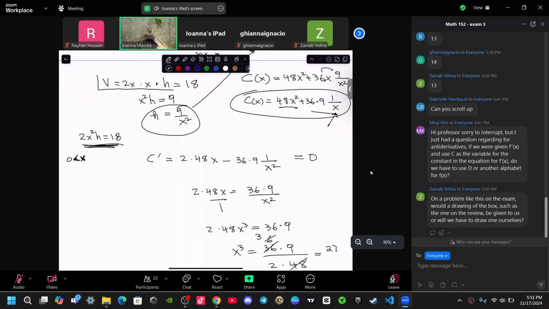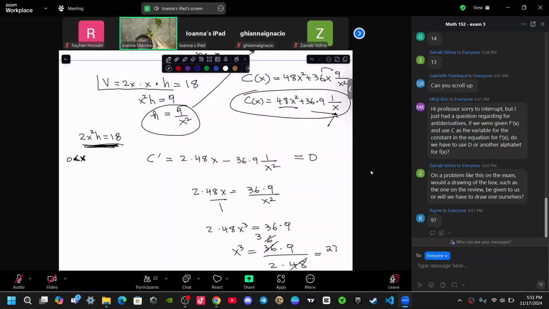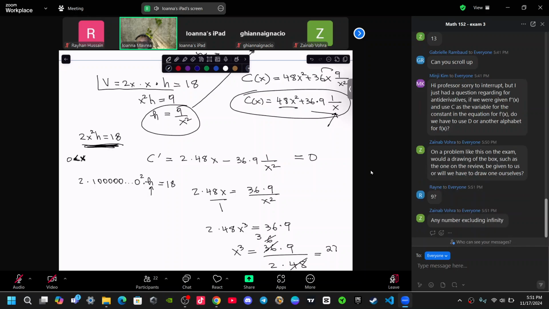So how big can X get? What's the domain? 9. So I cannot make X that number. I cannot find an H that will do this. No?